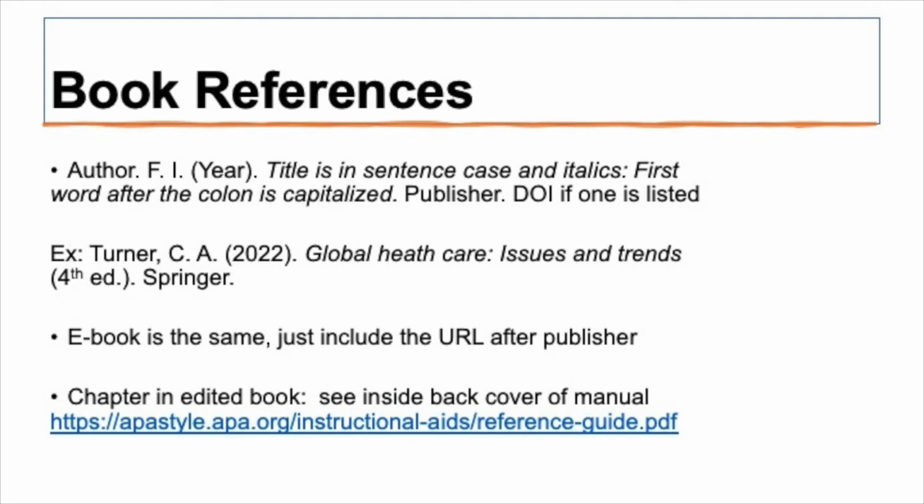So here's the example of the name of the author, comma, the initials that are capitalized with a period and a space between the initials, the year it was published, the name of the book, and as you can see, the name of the book is in italics. There is a colon in the name of the book, and so the word right after the colon gets put into title case.